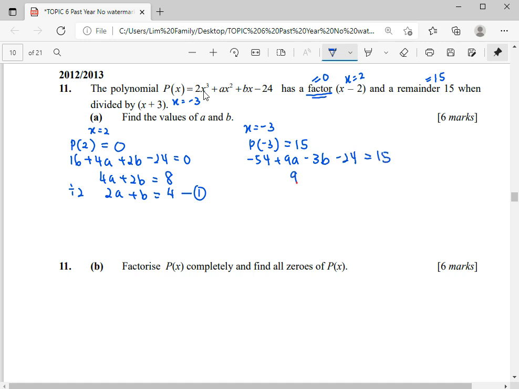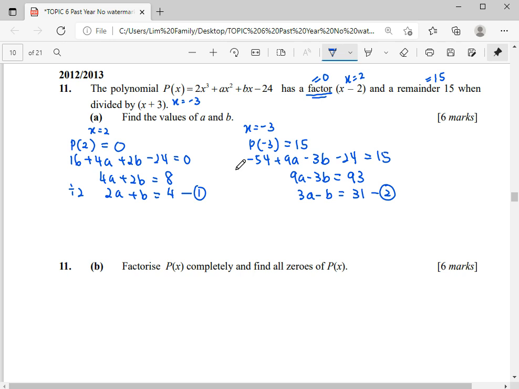So we simplify it. Now we have two simultaneous equations in order to solve two unknowns. If you have three unknowns, you need three simultaneous equations.